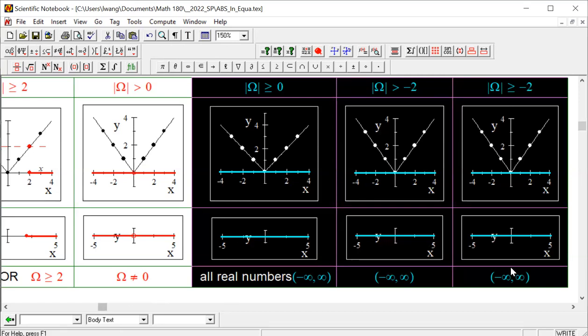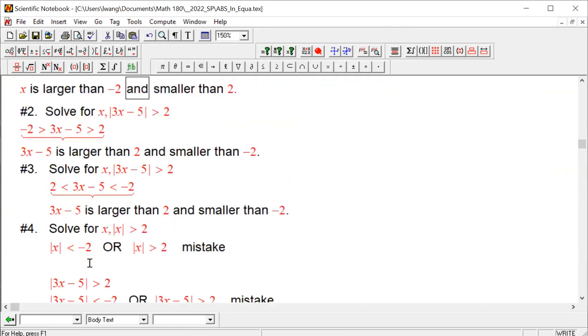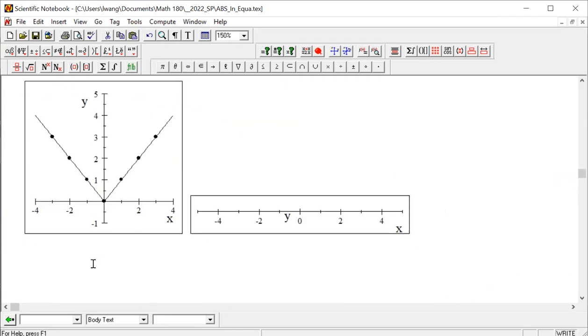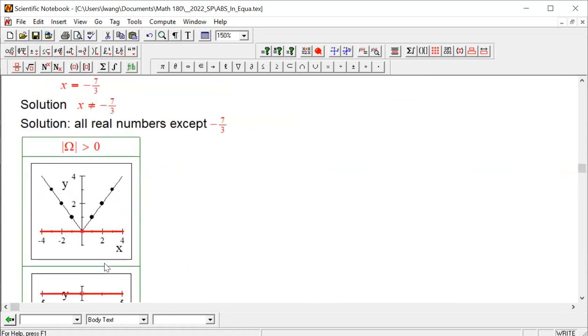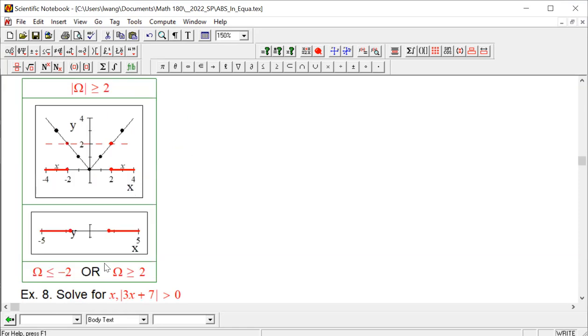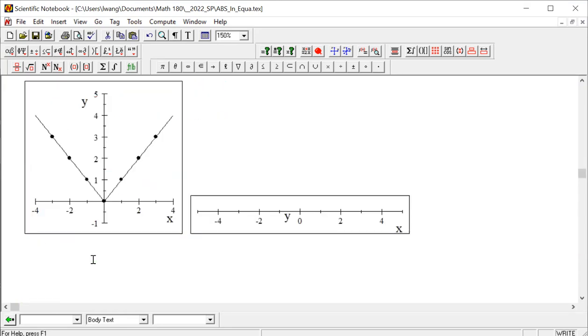Maybe we can get it done without too much back and forth. Here we go. So that case, example number 8, we're done.